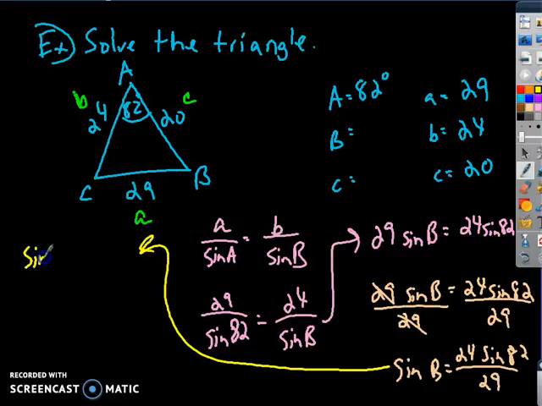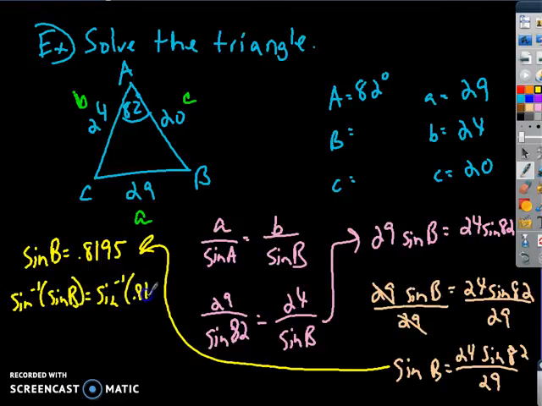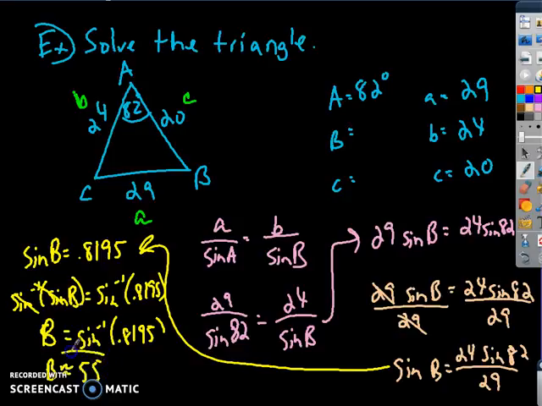I found that sine of B has to equal roughly 0.8195. To figure out what B is, I have to do sine inverse of both sides, and that leaves me with B. So B equals the sine inverse of 0.8195. B is about 55 degrees.